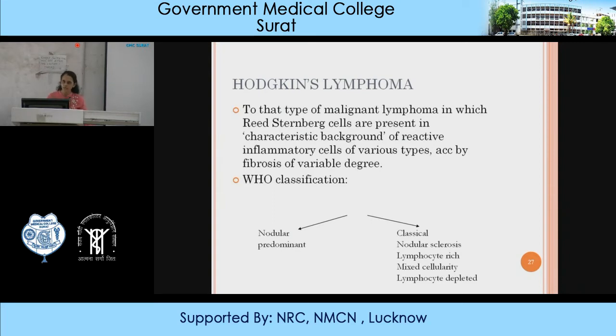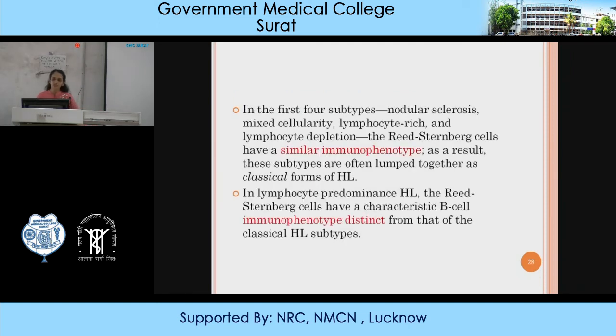The RS cells, which are actually the malignant cells of Hodgkin's, in the classical variant are CD15, CD30 positive, while in NLPHL, nodular lymphocyte predominant Hodgkin's lymphoma, they are CD15, CD30 negative. The first four subtypes, nodular sclerosis, mixed cellularity, lymphocyte rich and lymphocyte depleted, have a similar immunophenotype, and the lymphocyte predominant Hodgkin's lymphoma has a different immunophenotype, characteristic of B cells.